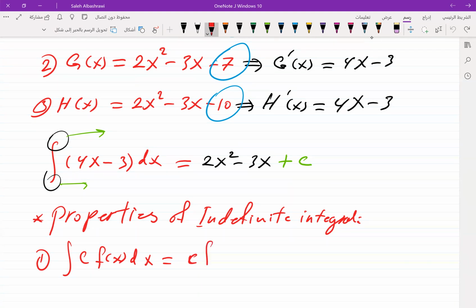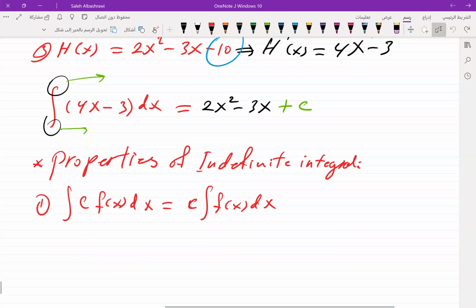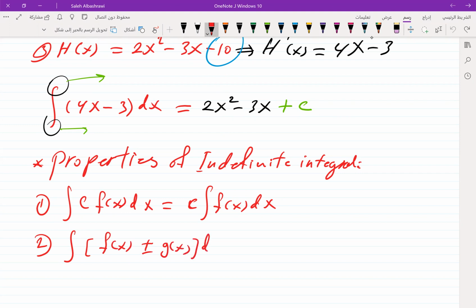We can take the constant outside. Number 2, the integration of the function f plus or minus g of x dx equals the integration of f of x dx plus or minus the integration of g of x dx.